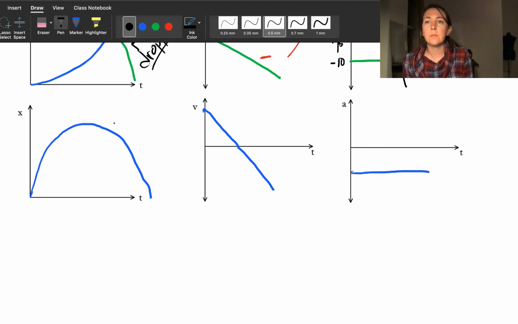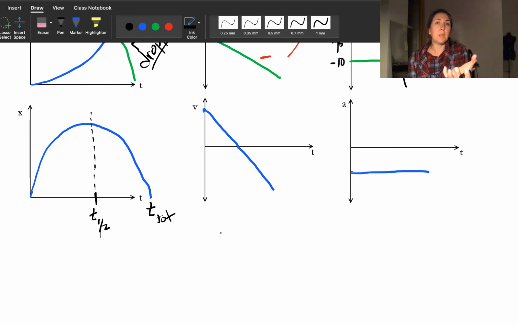A couple of fun facts for things that are thrown in the air. The amount of time that it takes to go up, let's call that t, is the same amount of time that it takes to go down. Let's call that t total, and maybe we call this t1/2. Same up, same down. The velocity with which you throw something up in the air is going to be the same velocity with which you catch it.